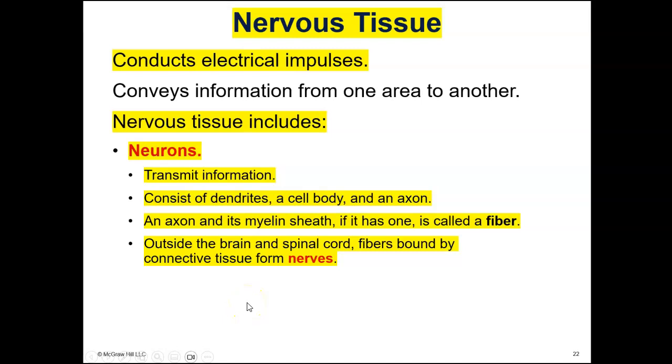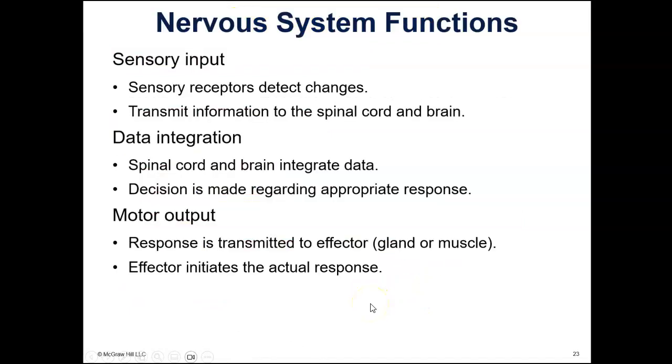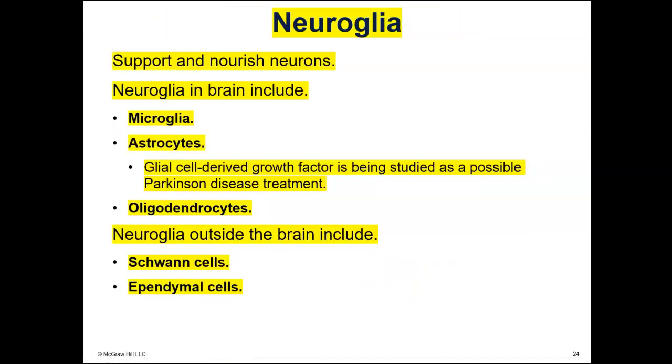And then outside the brain and spinal cord, the nerve fibers are bound together by connective tissue, and that's what makes up a nerve. There are also cells called neuroglia that support and nourish the neurons or nerve cells. The brain has neuroglia called microglia, which can engulf and destroy bacteria and other pathogens.